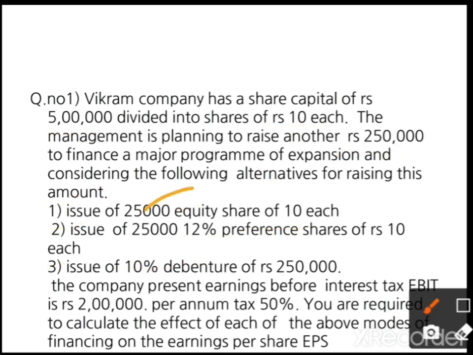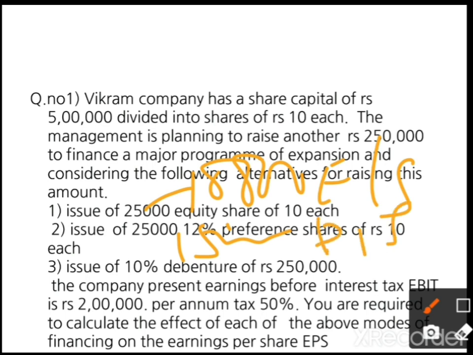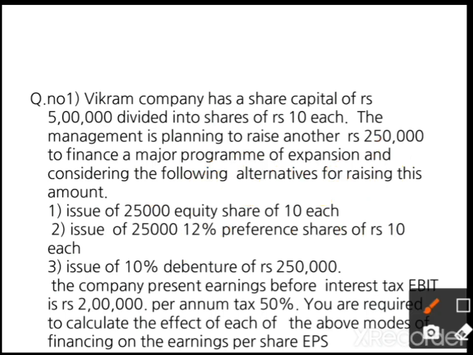For example, for our clarification, from each plan we have to collect 25,000, right? Of that, 10,000 may be equity shares and the remaining 15,000 may be preference shares, like that also. But as per this problem, plan 1 is purely 25,000 equity shares, plan 2 is all 25,000 12% preference shares, and plan 3 is 10% debentures of rupees 2,50,000.